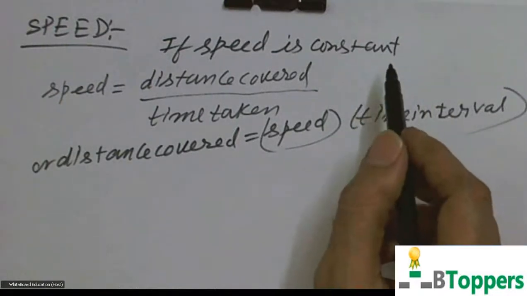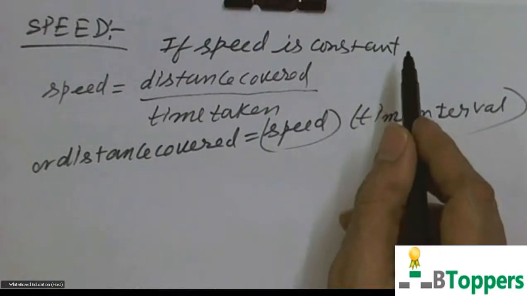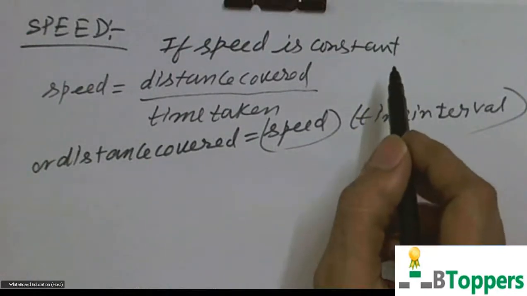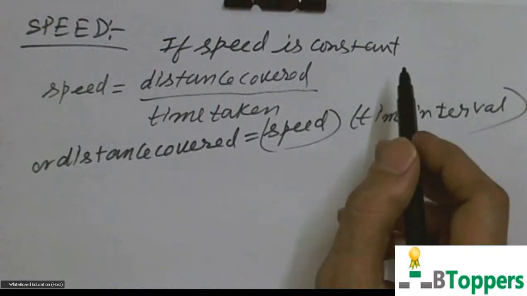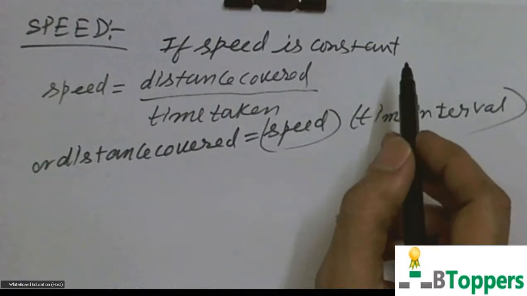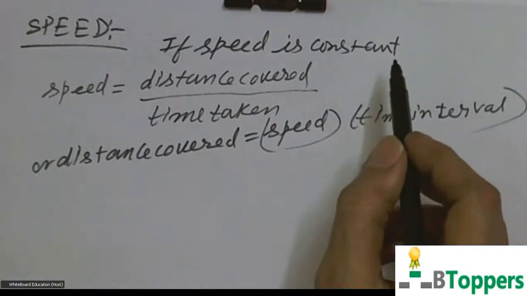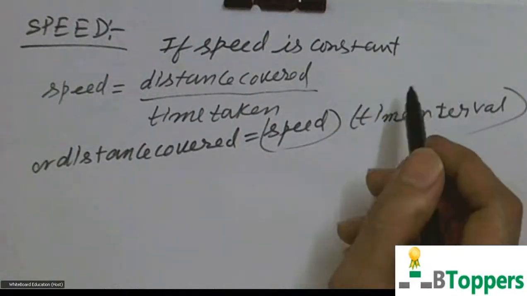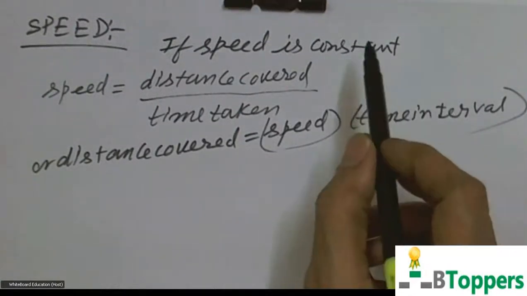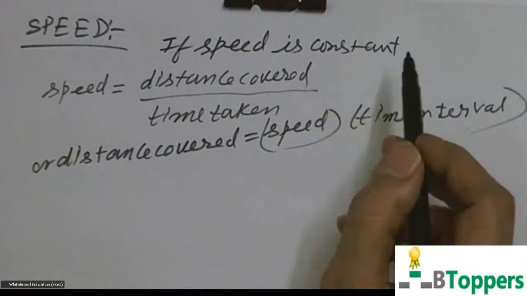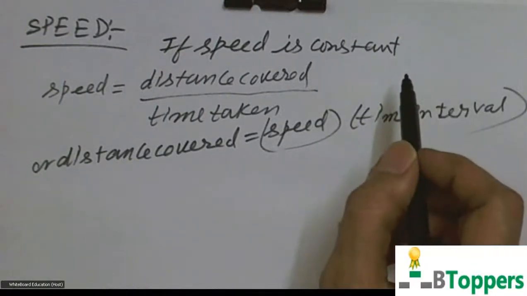That means if the particle covers equal distances in successive equal intervals of time, even when the time intervals are very small, then you can say that its speed is constant even though the direction of the motion of the particle changes.